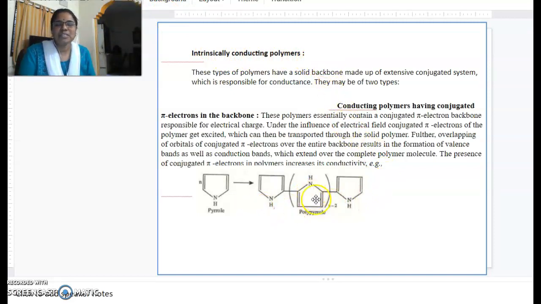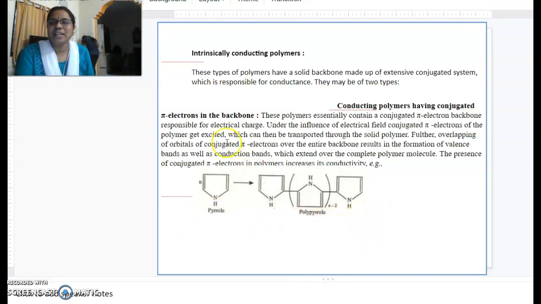So instead of polypyrrole, you can take acetylene, a very good example, right? Alternating CH triple bond CH, like that, the triple bond will be there. In that you can convert it to trans polyacetylene, because of this alternating existence of double bonds. After polymerization, the triple bond will be converted into a double bond. If it is a double bond, it will be converted into a single bond.